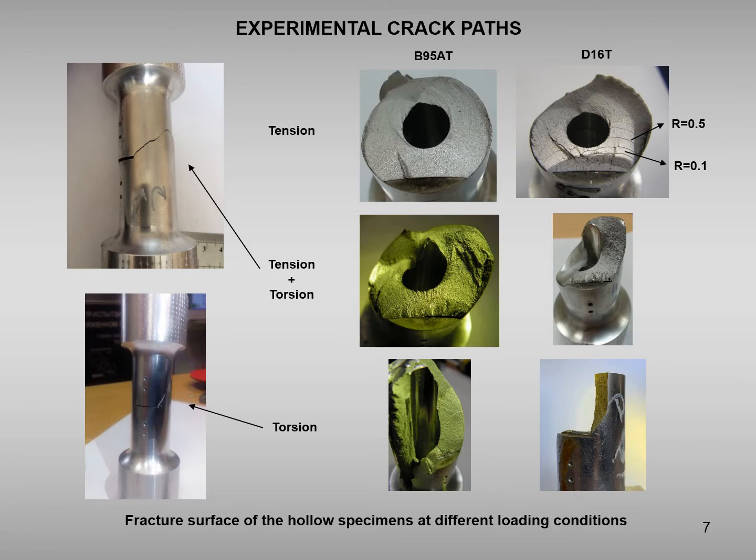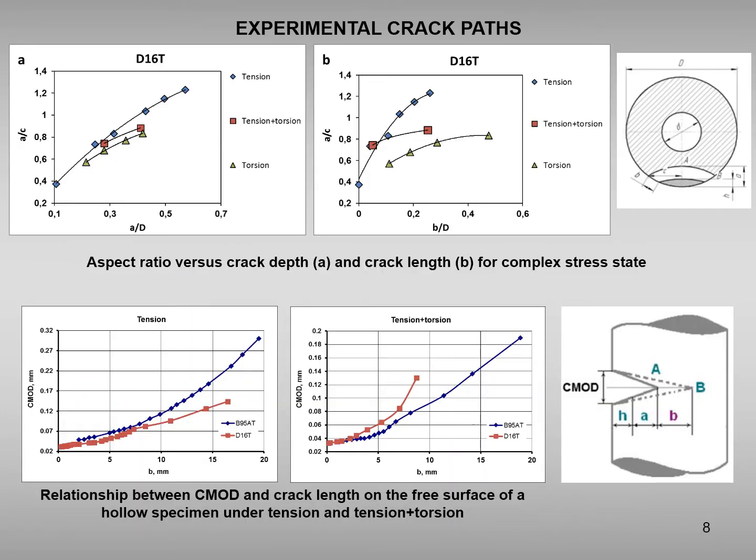The typical fracture surface of tested specimens is shown in these figures for different loading conditions. From the crack front shape obtained in this manner, the relationship between aspect ratio and the relative crack depth and relative crack length can be obtained for different loading conditions.